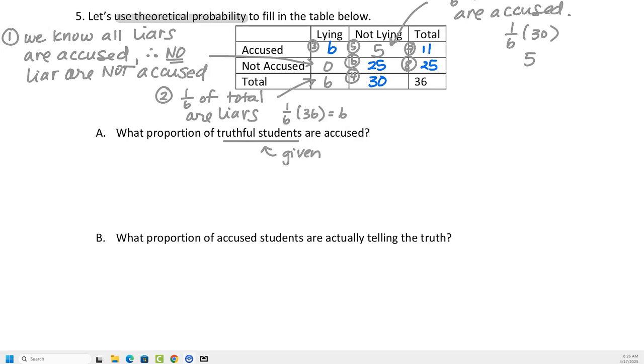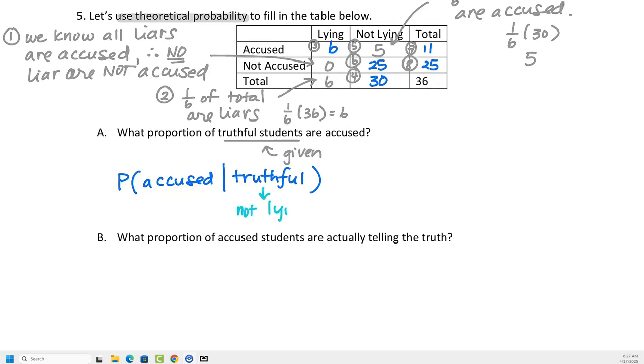I'm going to go ahead and do it in blue again. So what is the probability that they are accused given that they were truthful? And again, truthful means not lying. I'll just say not lie.